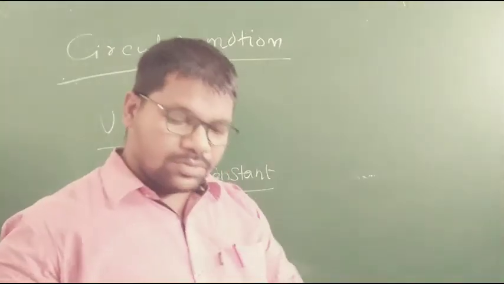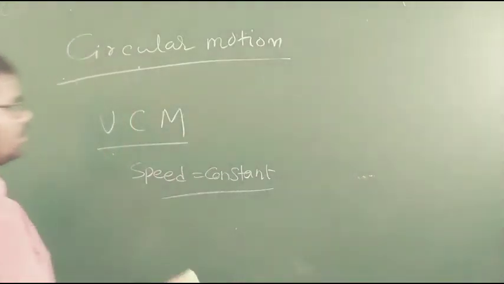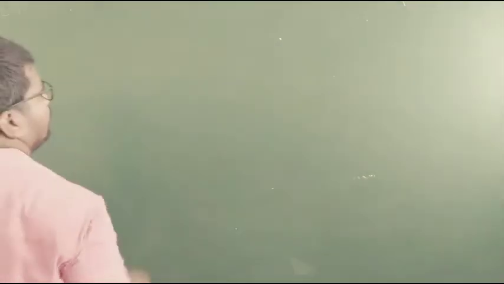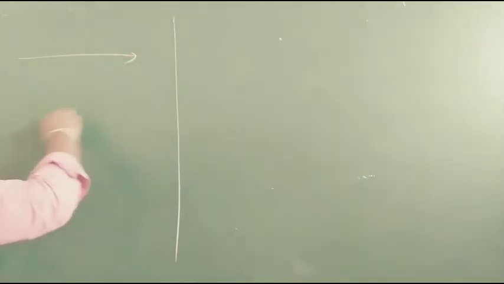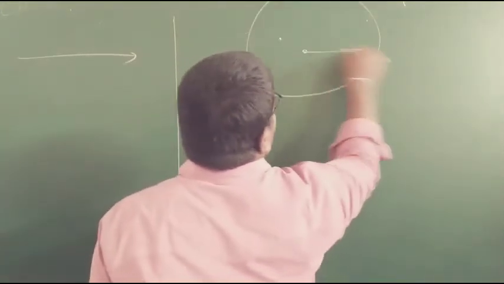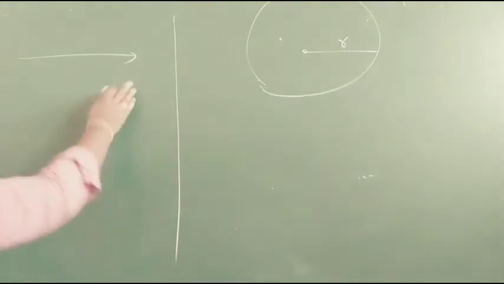Coming to some definitions and terms based on uniform circular motion. In straight line motion we have some terms, and in circular motion we have some terms. This is the radius.